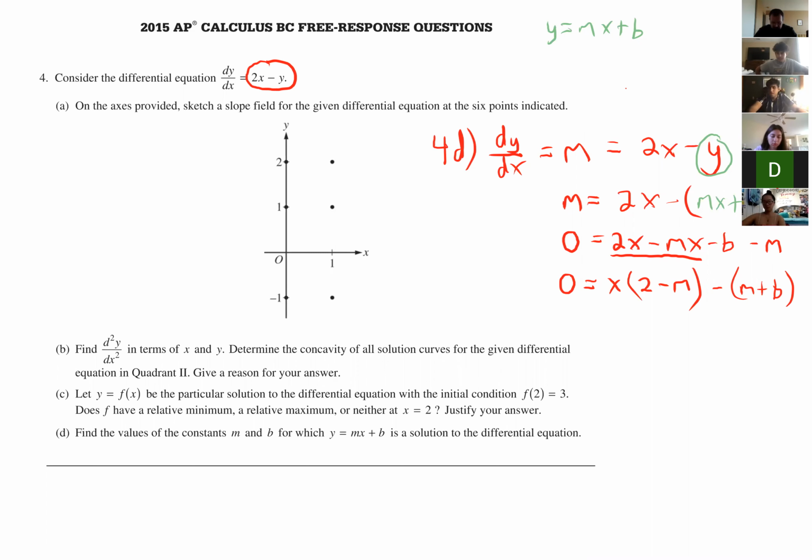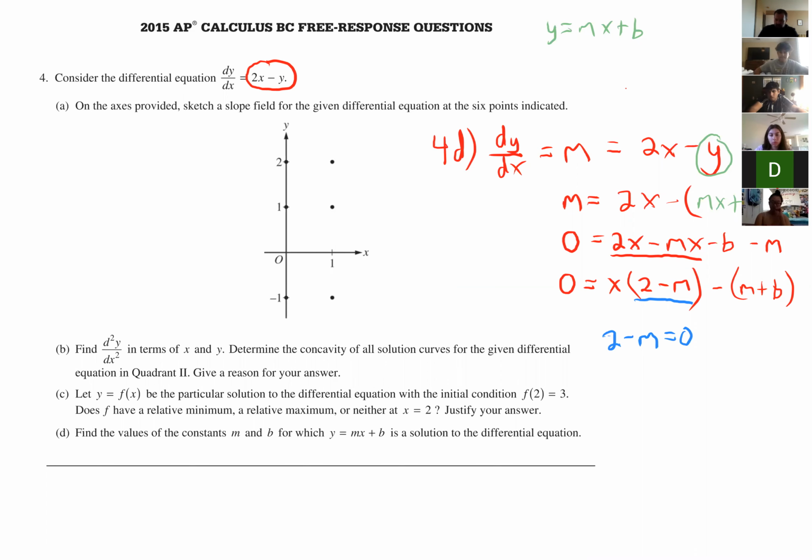Okay, so here we want this. If you think of this as like y equals mx plus b, the 2 minus m would be like your slope here. In order for this equation to be 0, the only way that's possible is if 2 minus m equals 0, because that'll wipe out the first term, since 0 times x is going to give you 0.